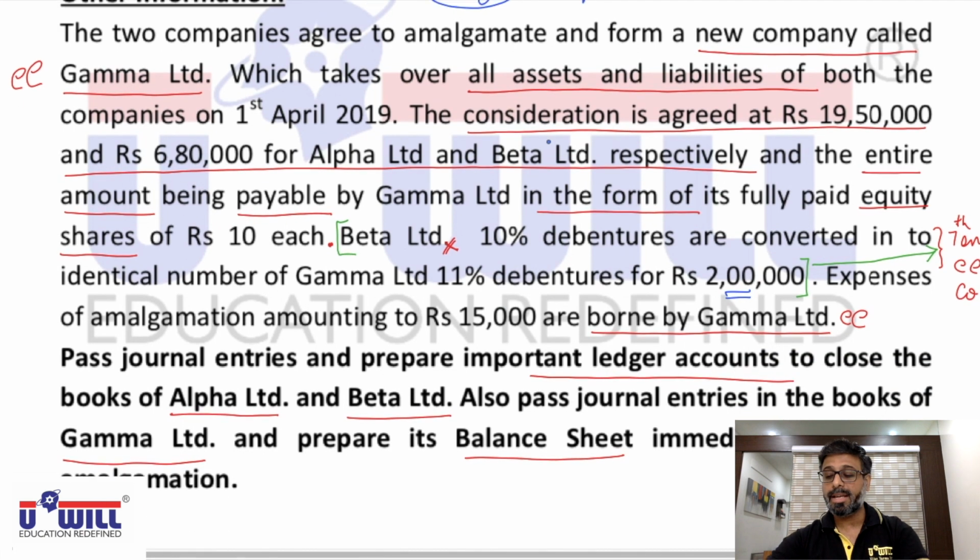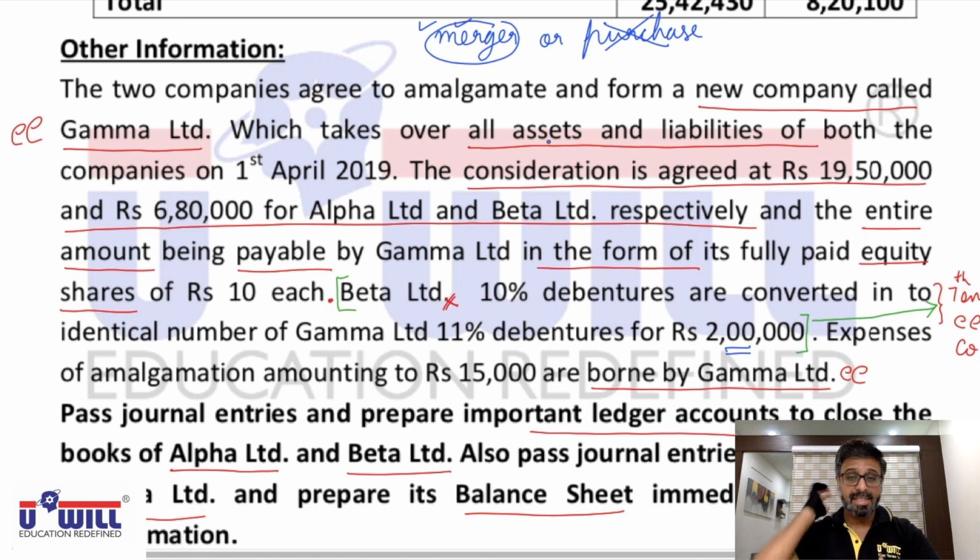So very first thing you have to do in every question of this chapter is identify, is it merger or purchase. Here it is merger, because condition 1, all assets and liabilities are taken over, is satisfied. Condition 2, they all are taken at book values, no other values are given in the question. Condition 3, entire amount is payable in the form of equity shares, is also satisfied. So very first thing we conclude in this question that it is amalgamation in the nature of merger.